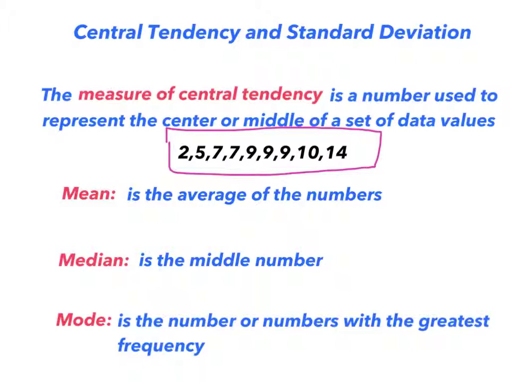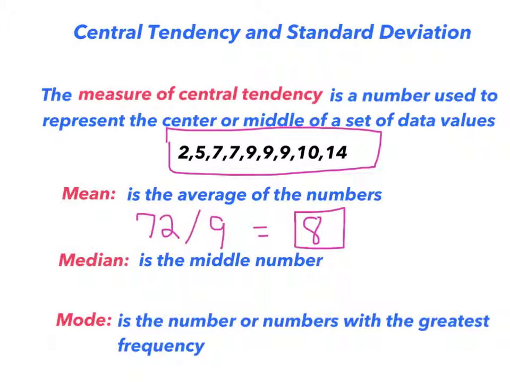And you all know that when you find the average, you just add up the data values. And the sum of these data values is 72. And then you divide that sum by how many values you have, which we have 9. So we're going to divide by 9, and that is going to give us 8. So our mean of our set of data values is 8.